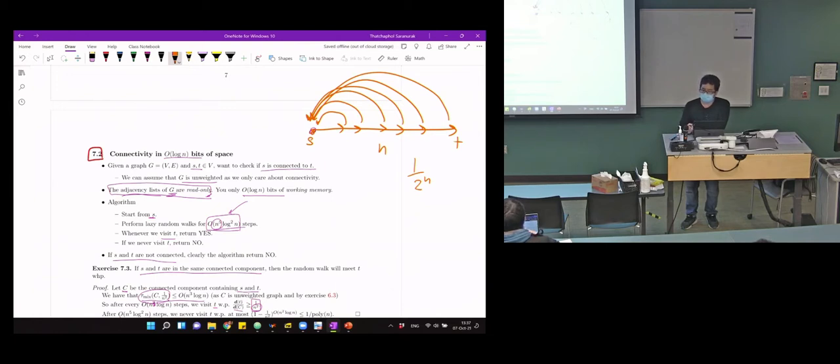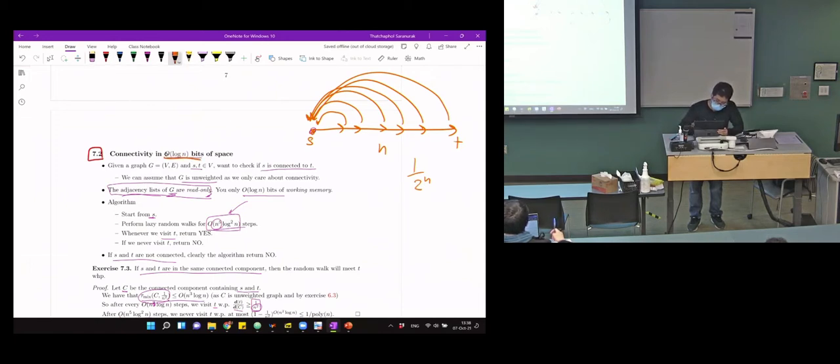It's very small. It's exponentially small. So you would need exponential time for a random walk from S to visit T, even if this graph is strongly connected. Yeah. And as Aditya said, it's open if you can.